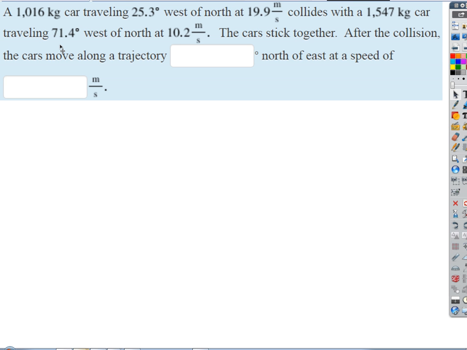So if we go back, we've gone through this process a couple of times. What do we do in a situation like this? Break each one into components. Yeah, good. We're going to make a table. We take each vector and break it into an x component, where x is east, and a y or north component.